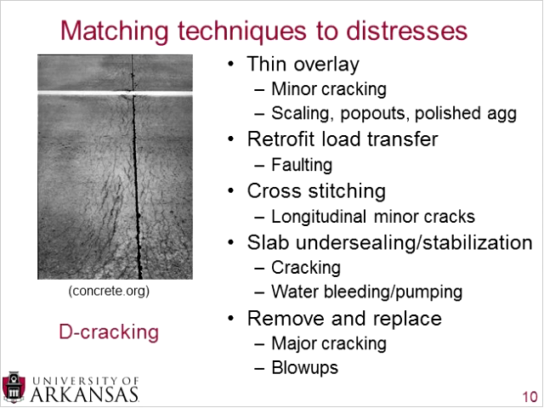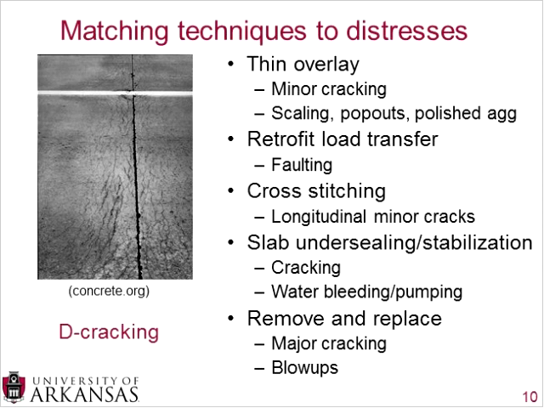You can use slab undersealing and stabilization to help prevent future worse cracking. If there's a void underneath the pavement and you have a crack, often that can deteriorate very quickly as that slab or that piece of slab wants to go down into that void. So by undersealing, you can make sure it has at least a level surface to sit on.